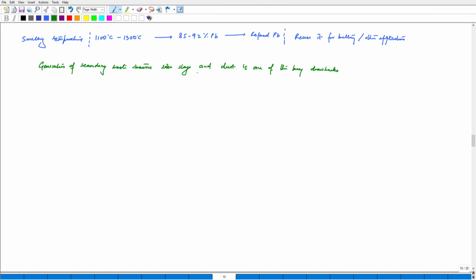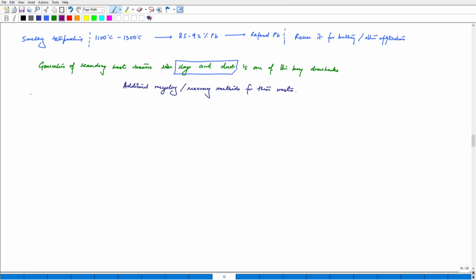Now one can think of having a recycling strategy for slag and dusts and other connected wastes, but it means that one has to have additional recycling or recovery methods for these wastes.